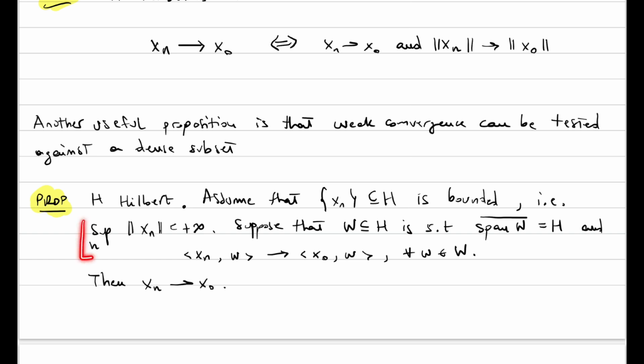This assumption of boundedness is very important. You cannot remove it, and maybe I will give you an exercise in the exercise course to check this fact.